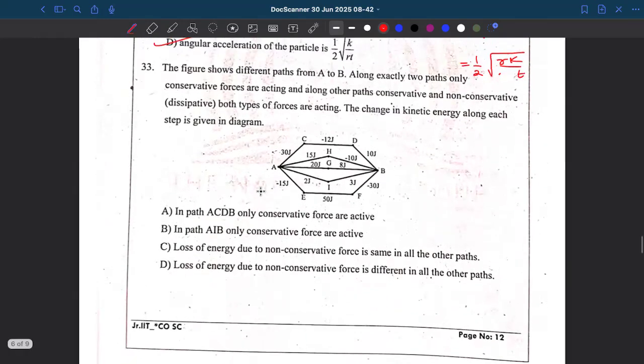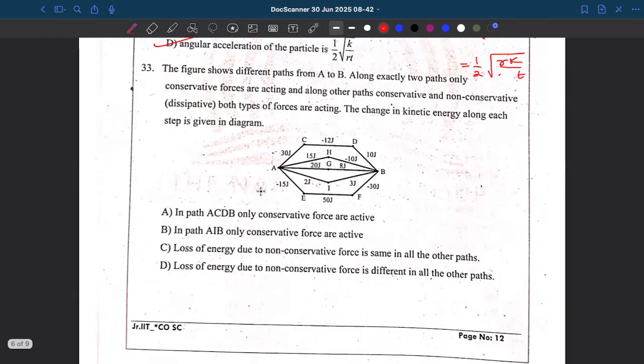33. The figure shows different paths from A to B. Along exactly 2 paths only, conservative forces are acting, and along the other paths, both conservative and non-conservative forces are acting. The change in kinetic energy along each step is given, right?